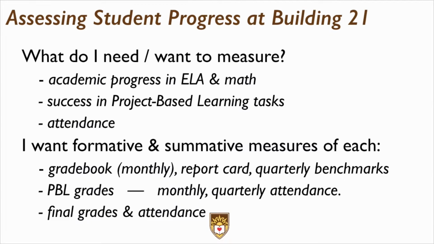If I was a classroom teacher, I would do formative assessment much more frequently, daily or weekly. But as an outsider, I'm thinking monthly, quarterly. Similarly, I'd get their grades for their learning projects, and their monthly and quarterly attendance. For summative measures, I'd get their final grades, their final attendance, and their high-stakes test scores.